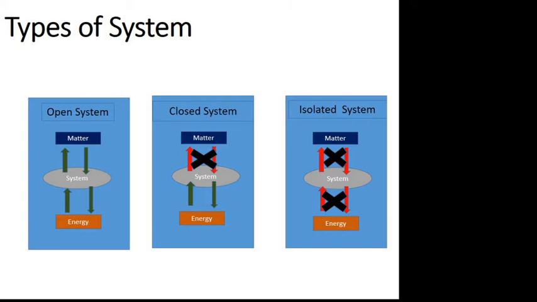A closed system can exchange energy, but matter it won't be able to exchange. Matter cannot be exchanged, but energy can be exchanged. Then an isolated system is a system where both matter and energy cannot be exchanged with the surrounding.